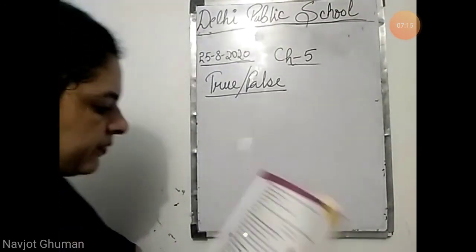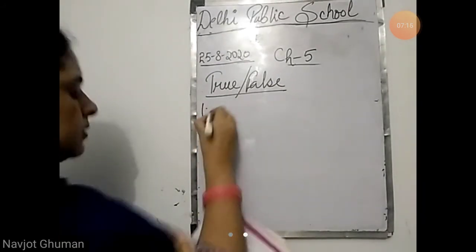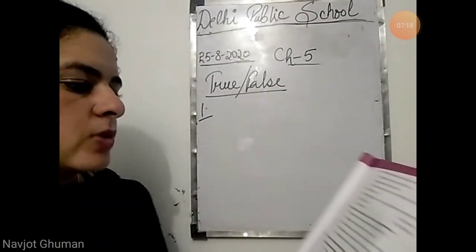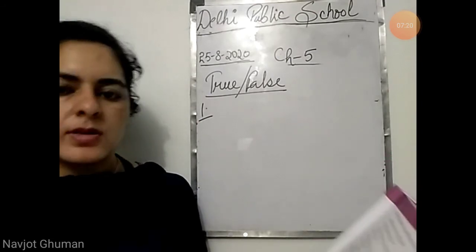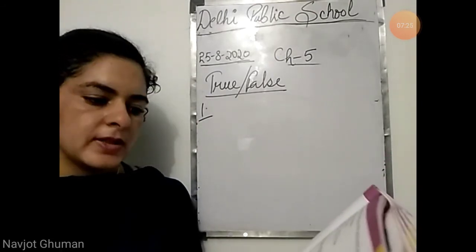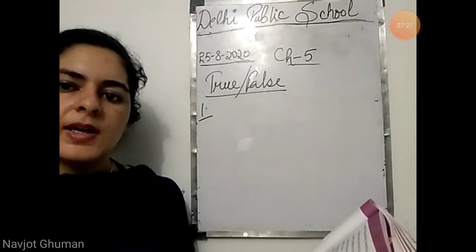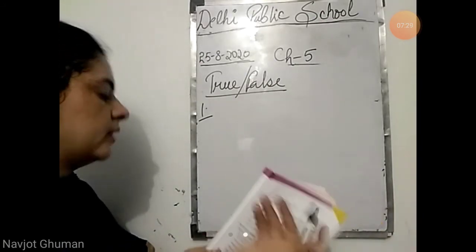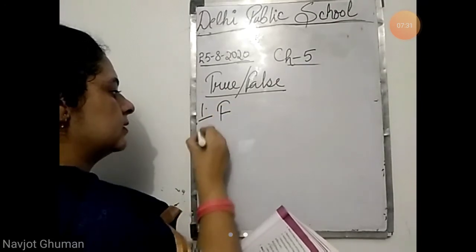First is plants and animals cause weathering of rocks. So that is false, because weathering of rocks is caused by rain, water and wind. So first is false.